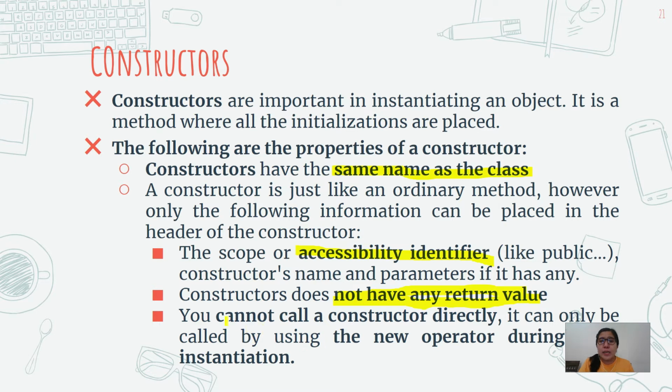And you cannot call a constructor directly. It can only be called by using the new operator during class instantiation. So, if we will compare this to the methods such as mutator and accessor, we cannot use the reference. But we will use that in the new operator declaring an instance of the class.